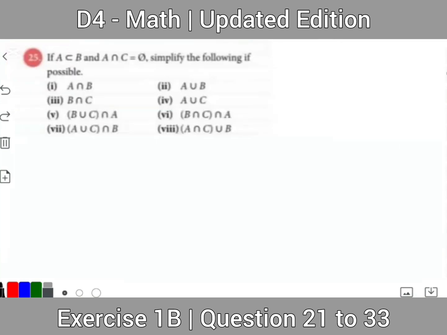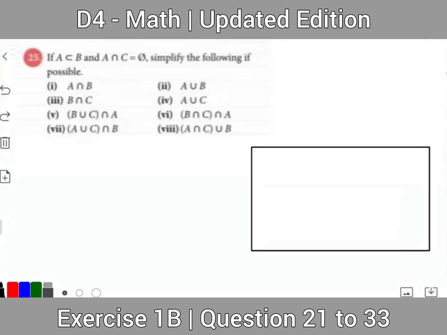Now in the question 25, if A is a subset of B and A intersection C is equals to phi, it means A and C are disjoint sets. To simplify the following, if possible. So for this, we will draw a Venn diagram according to the conditions that are given in the question. So for this, here we have a rectangle representing universal set eta.